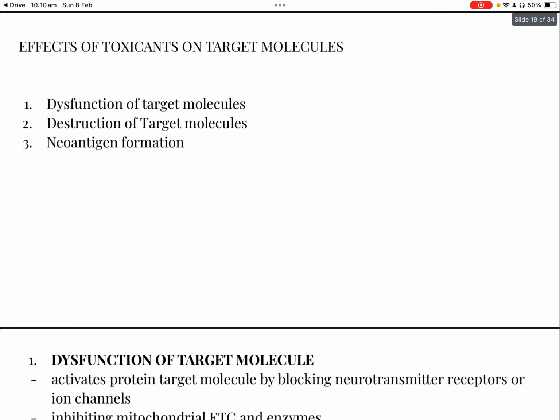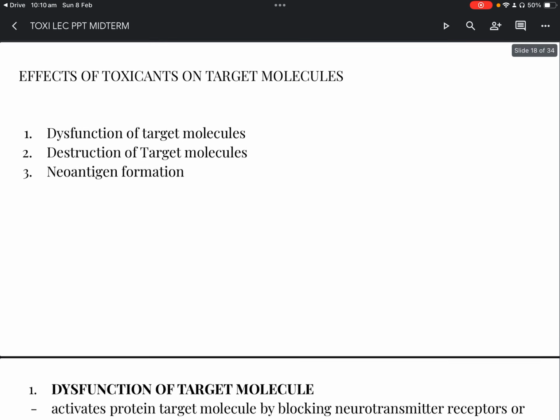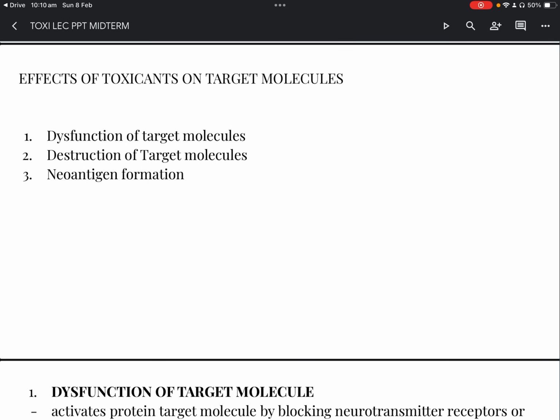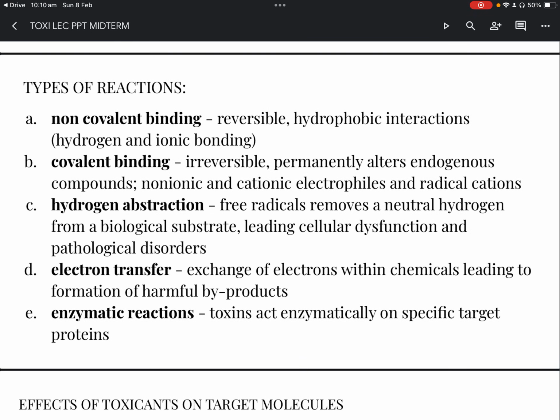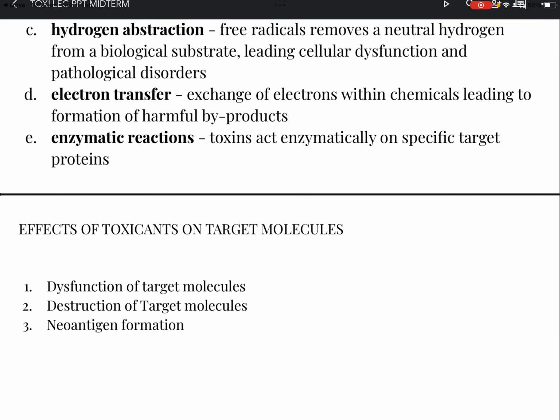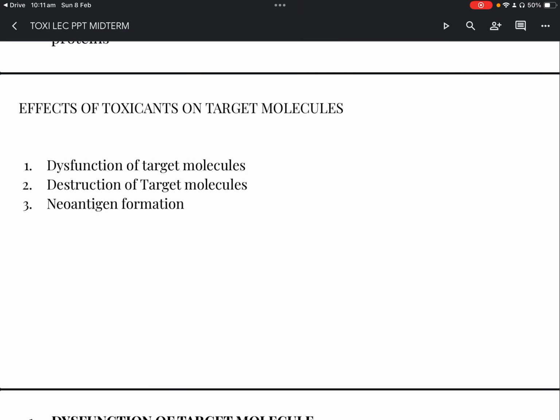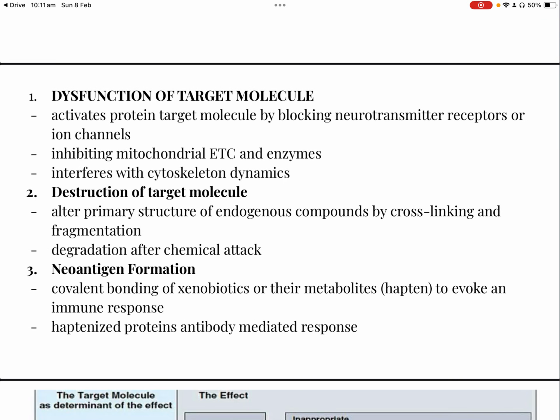And effects of toxicants on target molecules. Dysfunction of target molecules. Once there is a reaction, let's say the toxicant has already reached the target site or molecule, and it will demonstrate one or two of these types of reaction, and then it will take its effects. It is categorized into three: dysfunction of target molecules, destruction, and neoantigen formation. First is dysfunction of target molecule.